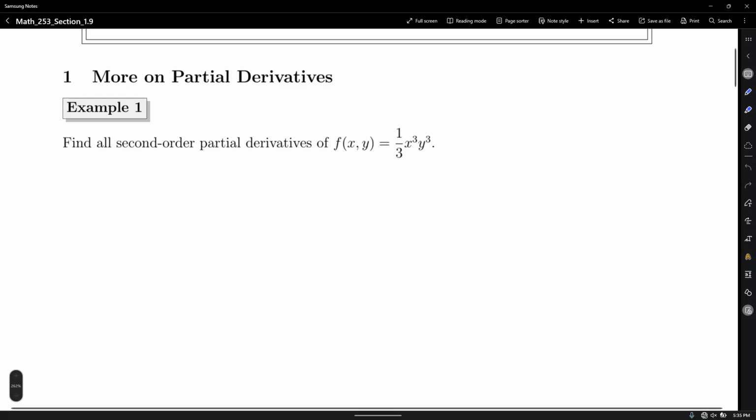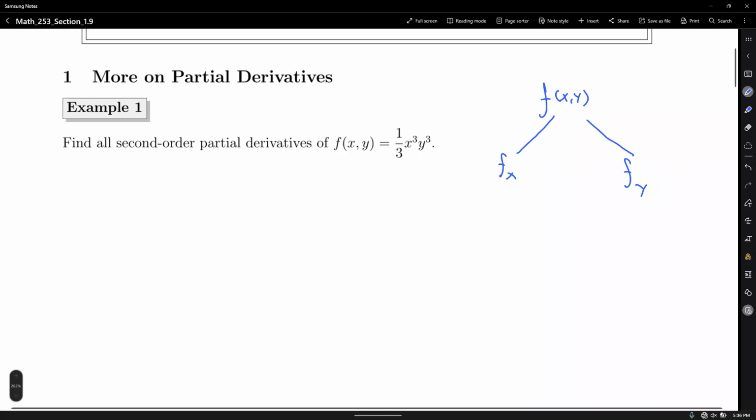Just to give you an idea of how multivariable functions work, for those of you who haven't taken Calculus 3, we have a function of two variables, some f of x, y. As we did a couple sections ago, we can take the partial derivative with respect to x or the partial derivative with respect to y.